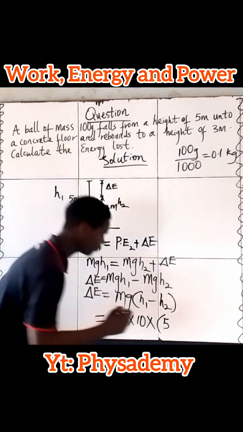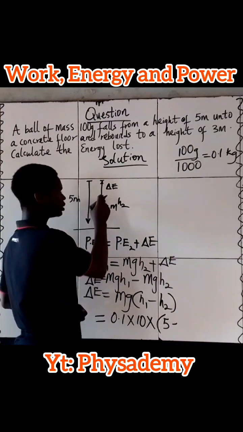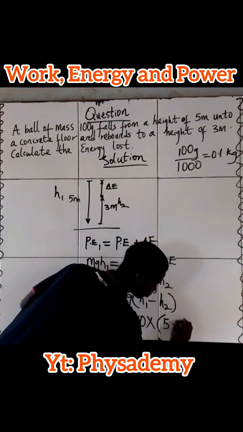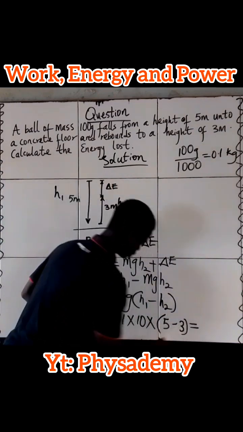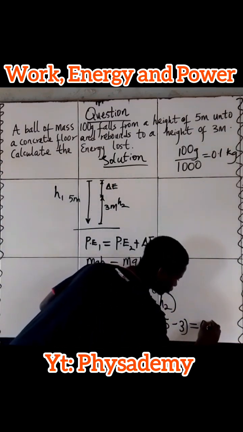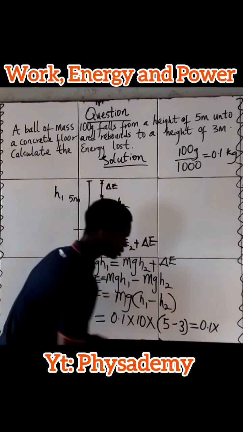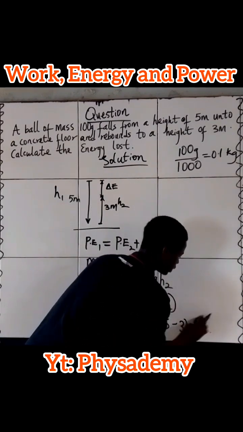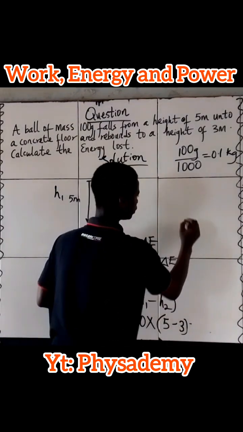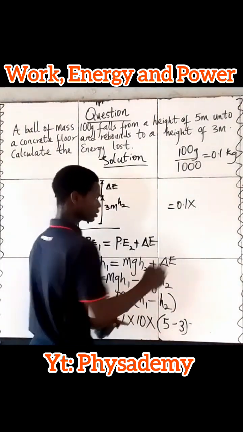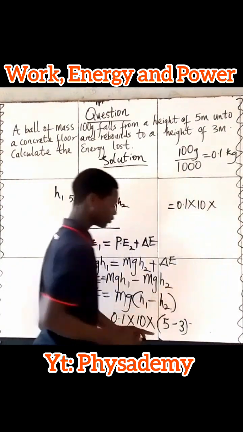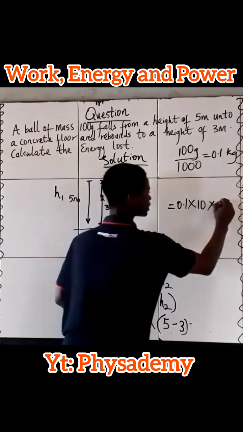What was the final height it rebounds to? They said 3 meters, so I'll put 3 here. Watch out what this will give us. It will be equal to 0.1 times 10 times 5 minus 3, which gives exactly 2.